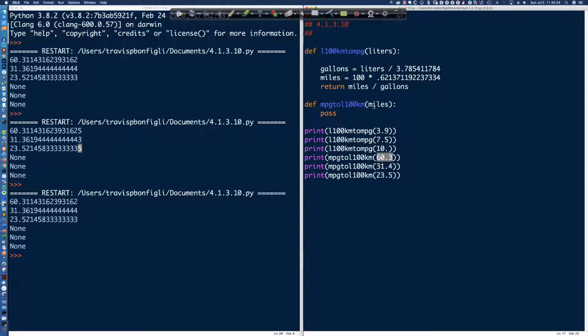If I pass in 60.3, it's going to be miles. And so what are the values that I'm going to need to go from miles per gallon to liters per 100 kilometers? Well, the first thing that we're going to need is, we know that if we were dealing up here with gallons and miles, down here we're going to need liters and kilometers.